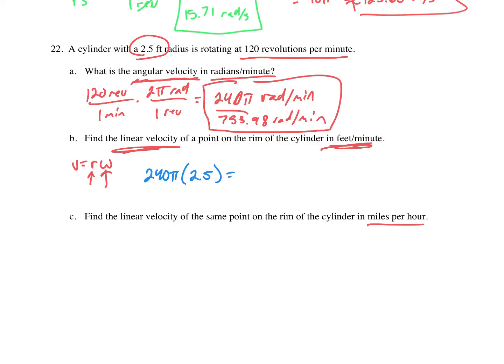And in exact form, we get 600 pi feet per minute. But you might be having the decimal equivalent in there. So let's call this about 1,884.96 feet per minute.